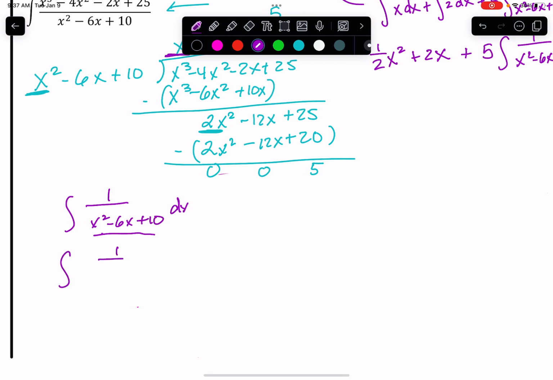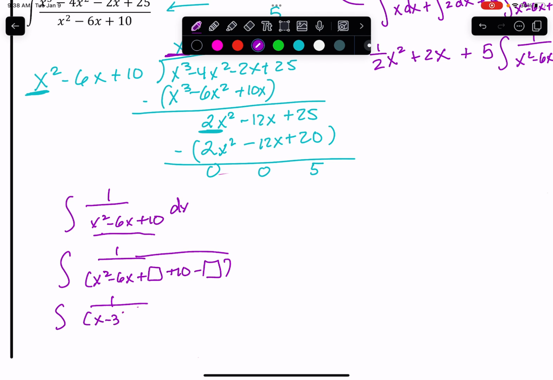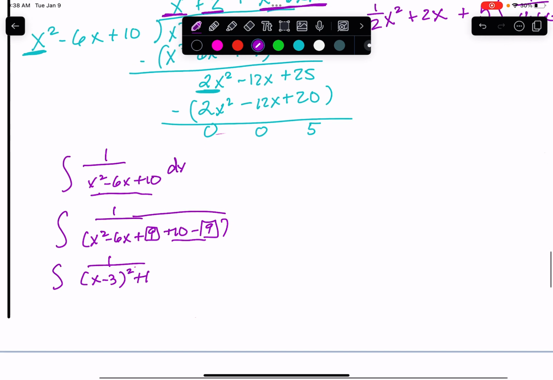That will be the integral of 1 over, and then I'm going to complete the square, x squared minus 6x plus something plus 10 minus something, and so that would be the integral of 1 over x minus 3 squared, 9, right? We're going to add 9. And then 10 minus 9 is plus 1. So, wow, we're really good right here, dx.